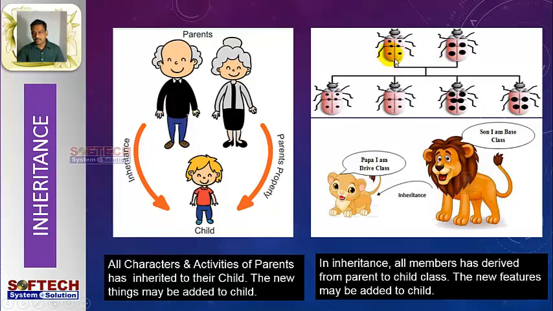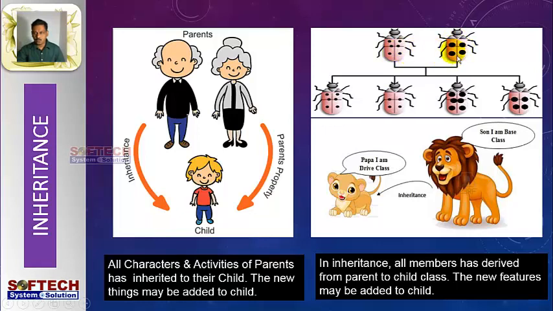In this example, there are two parent classes. The dots represent the properties. In the first class, the small dots total 6. The second class has 4 big dots.